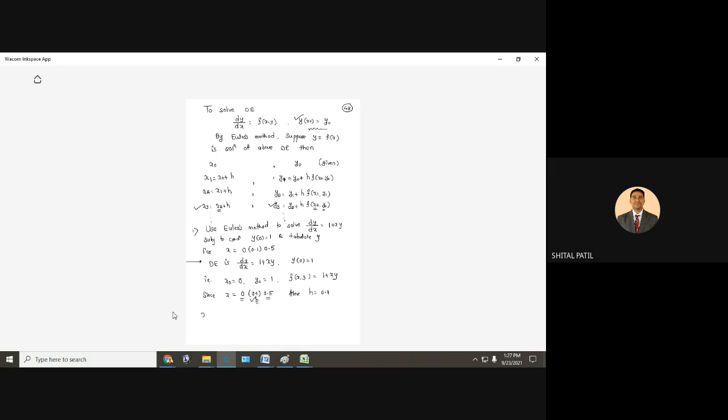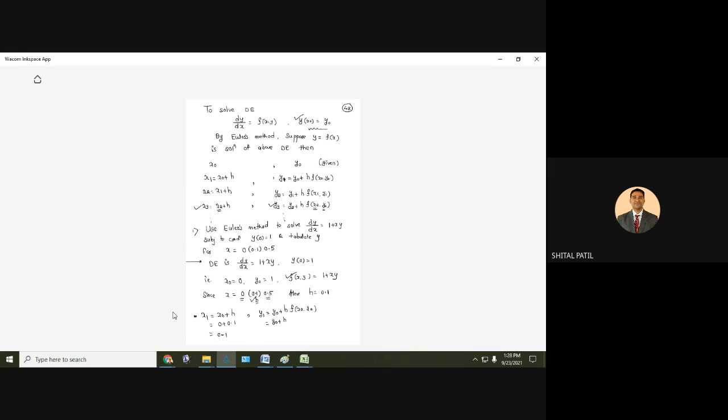So now start with x1, x naught plus h. x naught is 0, h is 0.1. So when x is 0.1, we are finding the corresponding value of y. What is y1? y naught plus h f of x naught, y naught. What is f of x y?